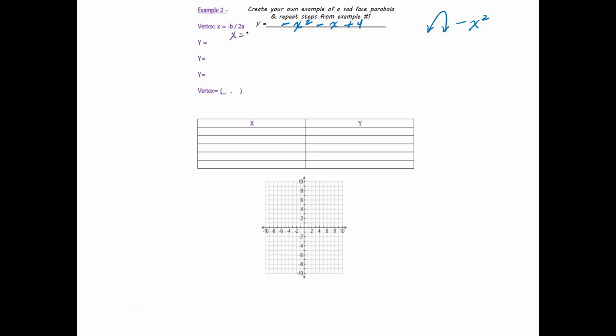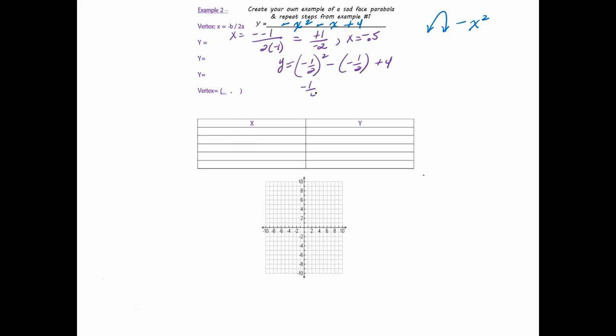The vertex is going to be a negative 1 over 2 times negative 1, which is a positive 1 over negative 2. So x equals negative 0.5. All right, so then for your y, it's going to be a negative 1/2 squared minus negative 1/2 plus 4.